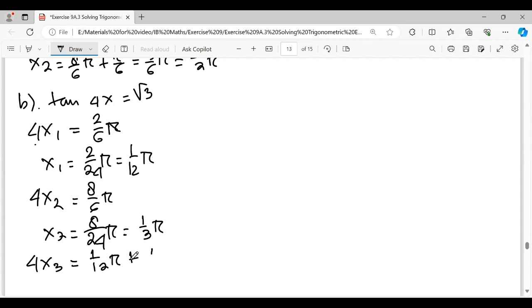Wait, 1 over 12 pi plus, if tangent, it means plus half pi. So it becomes 1/12 pi plus 6 over 12 pi, 7/12 pi.